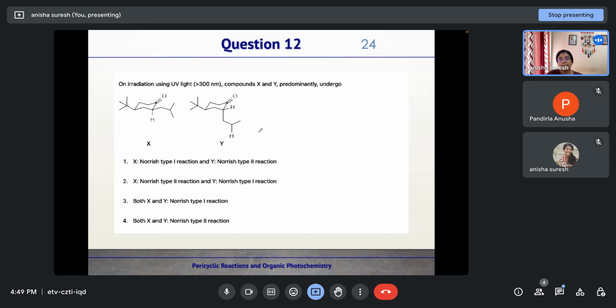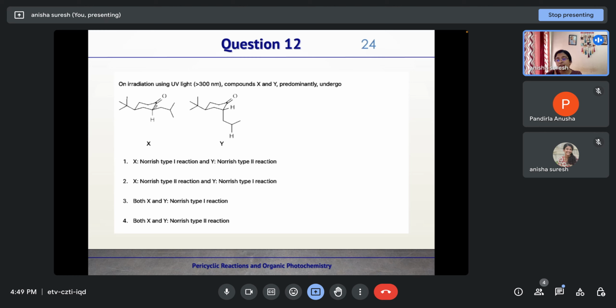We can get to it by seeing the proximity of the gamma hydrogen. Is the gamma hydrogen approachable? No, no. Only one will be giving the Norrish type 2 reaction.